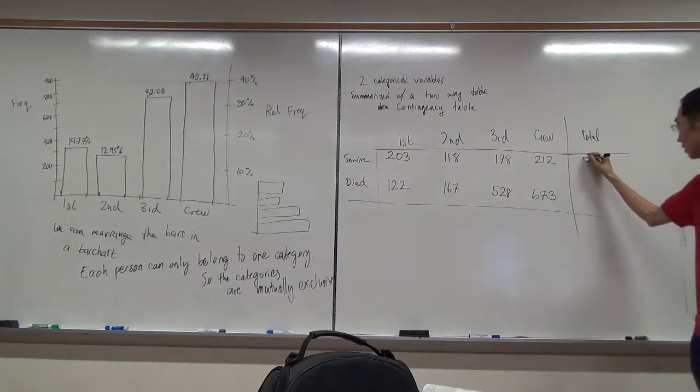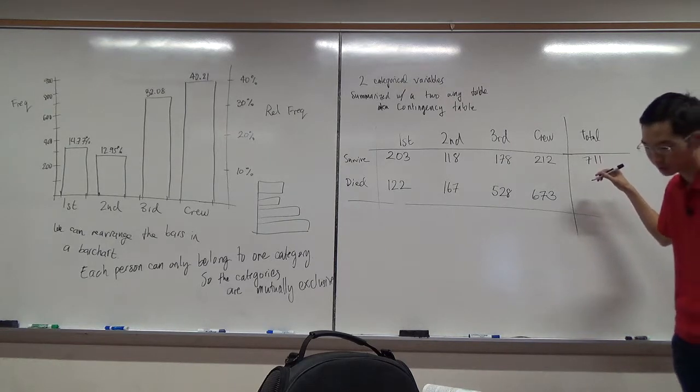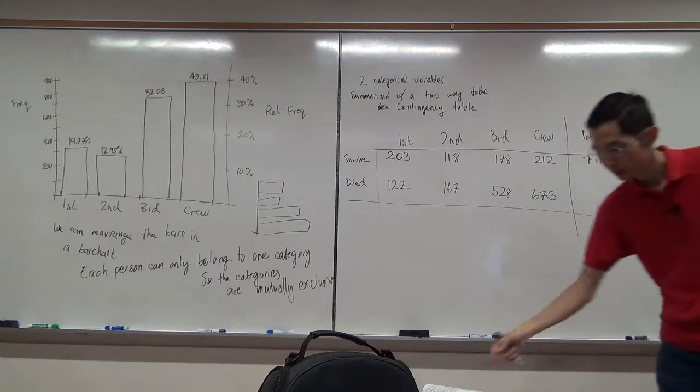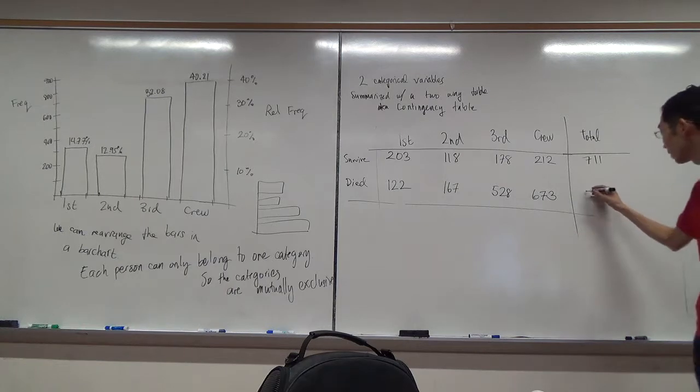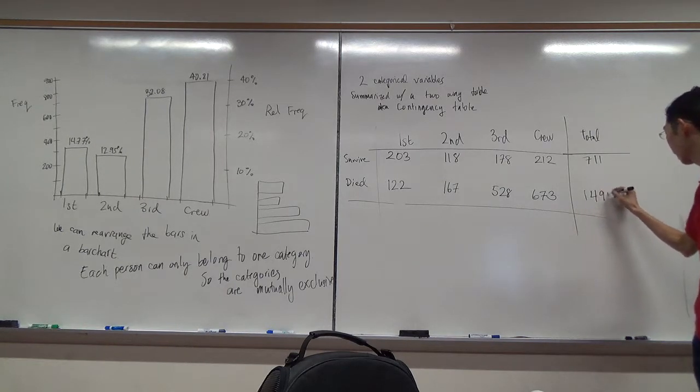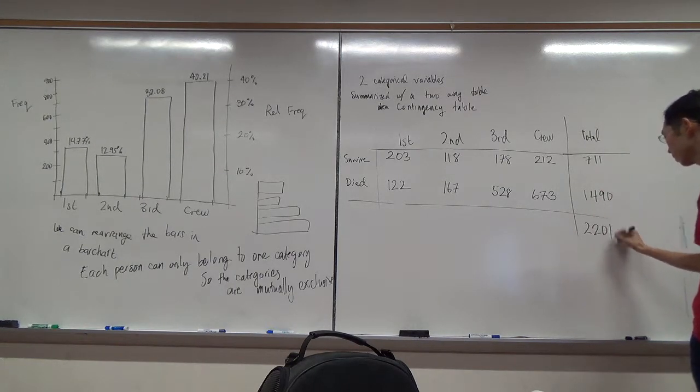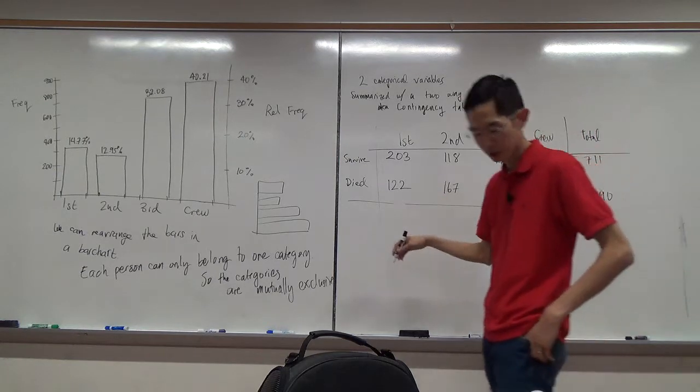Alright, and if we were to add all of these up, we have 711 people who survived and 1,490 who died, for a total of 2201, and I could add up each of these columns.